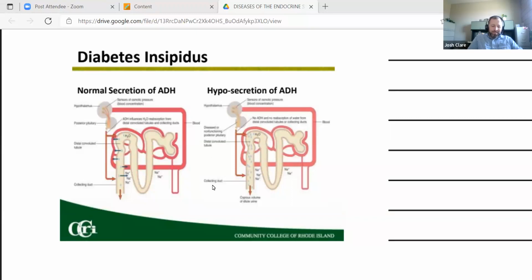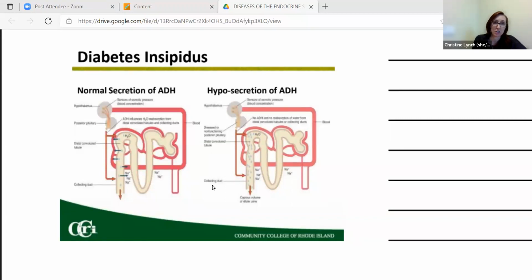All right. So diabetes insipidus, not to be confused with diabetes mellitus. Diabetes insipidus is caused by a lack of the pituitary hormone, the antidiuretic hormone, or ADH, and diabetes mellitus is caused by a lack of the production of insulin in the pancreas.